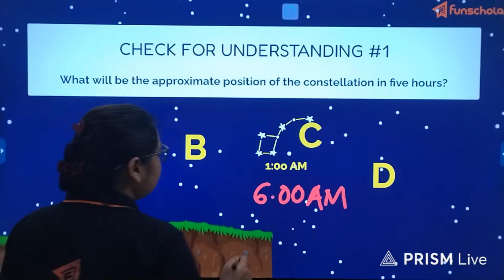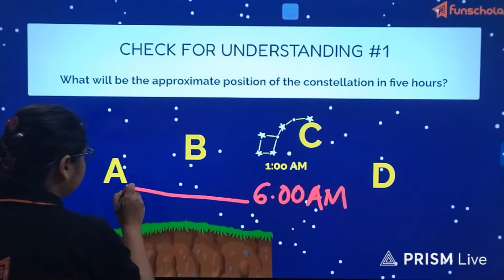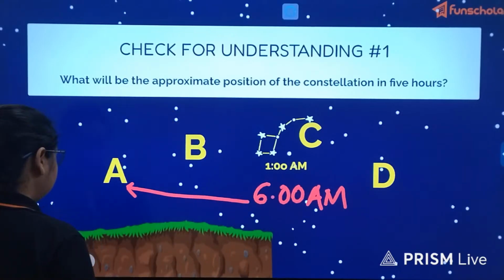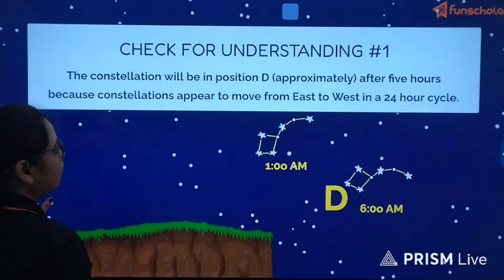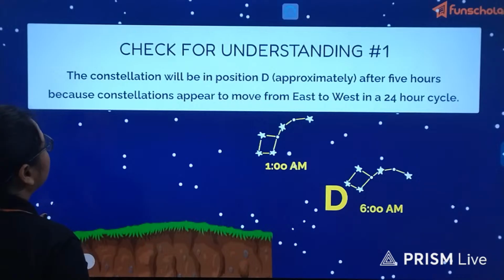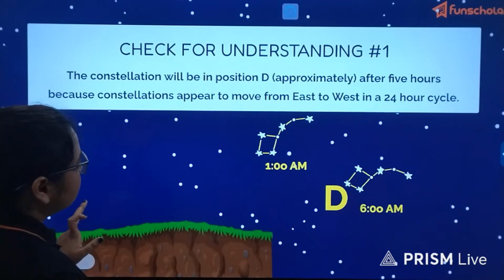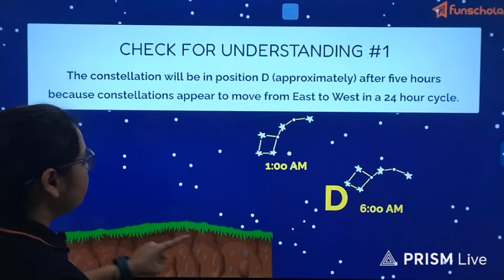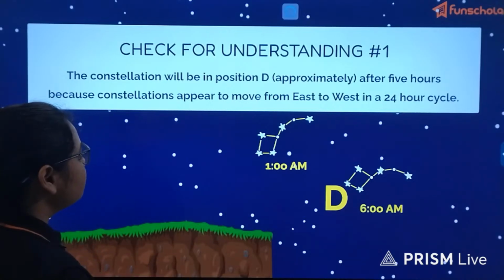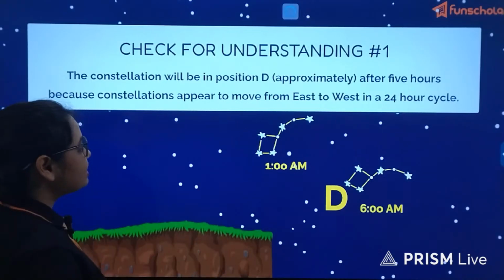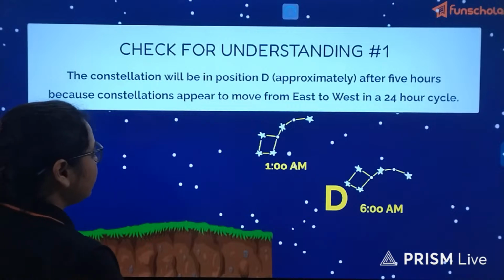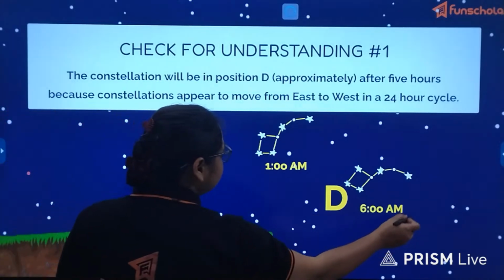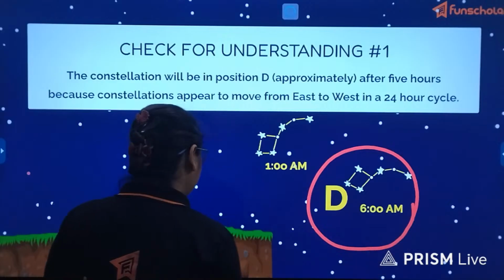So obviously after 5 hours it will move to A. Here they have mentioned D according to the position of the sky, the east to west rotation. They have mentioned that the position of the constellation will be this side.